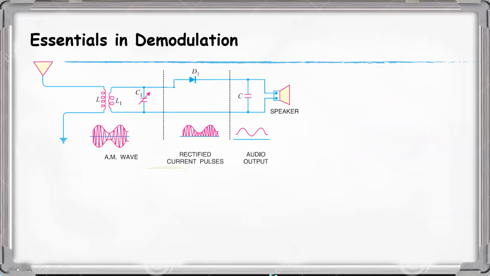Here, this is the receiving antenna, and this LC circuit is used as the station selector, and this diode is used as the rectifier, and this capacitor is used as the filter.